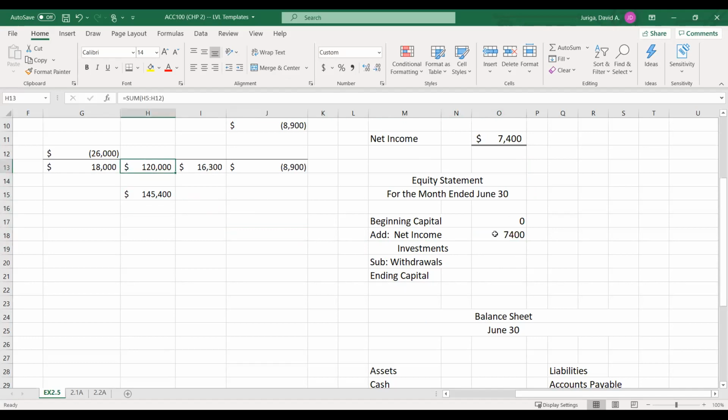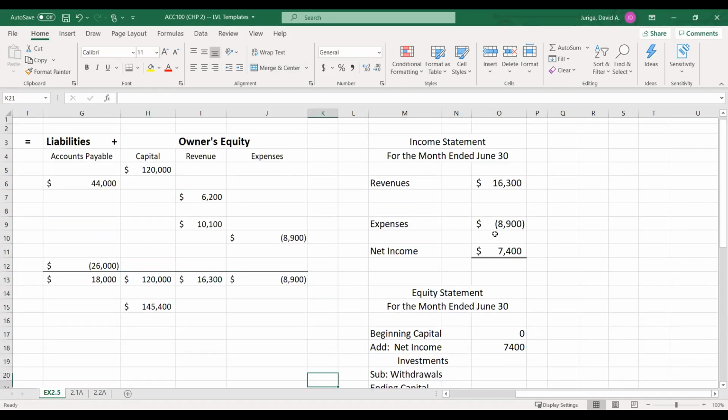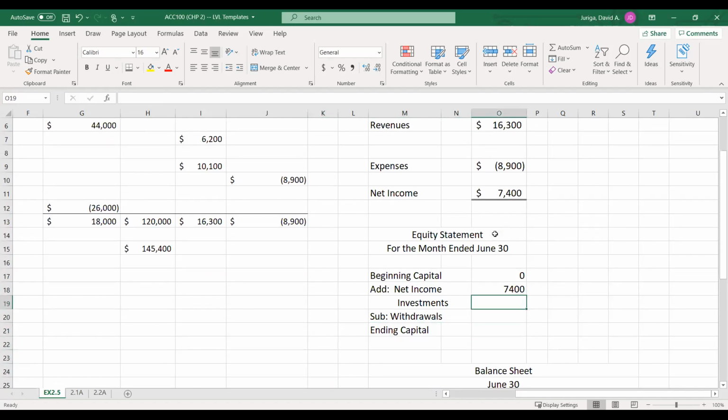Your investment was right here, 120,000. That was the investment. So I'm going to go ahead and put that one investment of 120. It's a different category right there. And let me just format this real quick. Hold on.